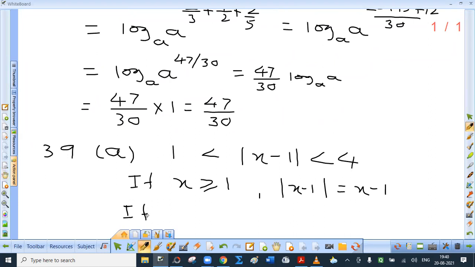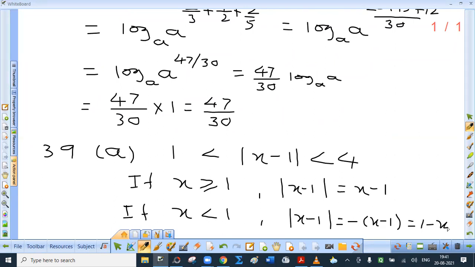So you should know the concept of modulus. Let me read sum number 39.